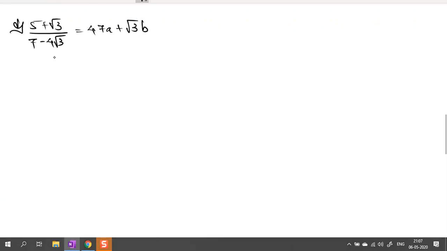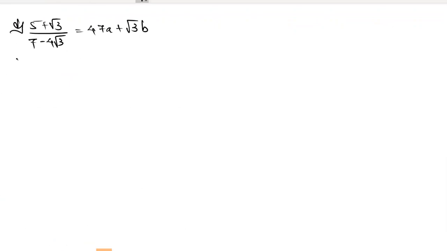So what we are going to do is, we are going to start with your LHS, left hand side, 5 plus root 3 upon 7 minus 4 root 3. What is the next step? We have to rationalize the denominator. So 7 plus 4 root 3, and here also it will be 7 plus 4 root 3.